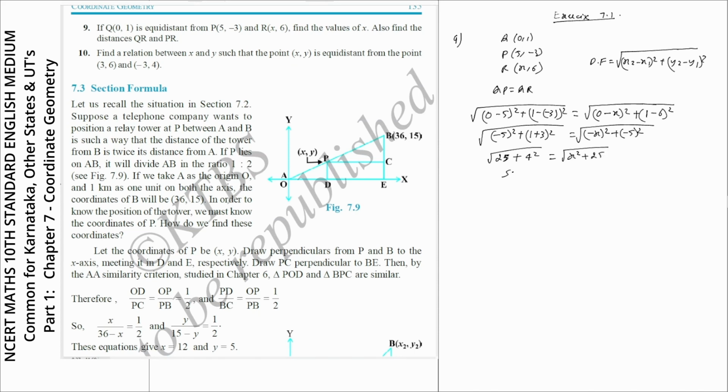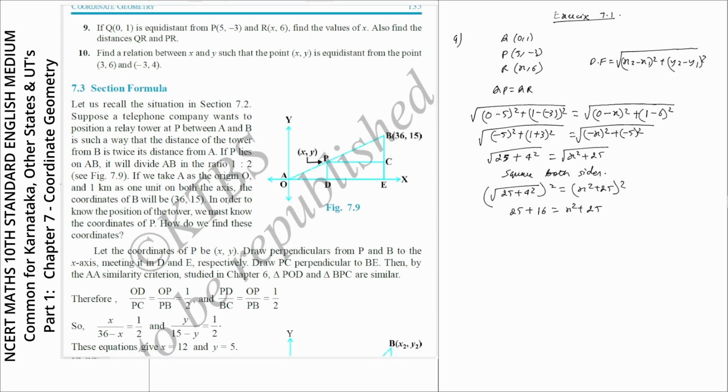Now I'll square both sides. I'll get square root of 25 plus 4 square, the whole square, is equal to x square plus 25, the whole square. So the square root symbol and this power of 2 will get cancelled. I'll be left with 25 plus 4 square, which is 16, is equal to x square plus 25.